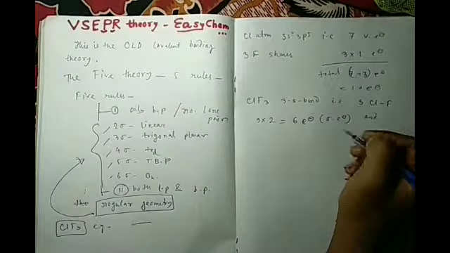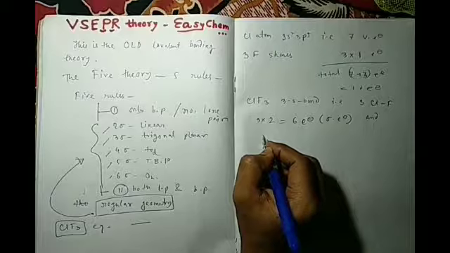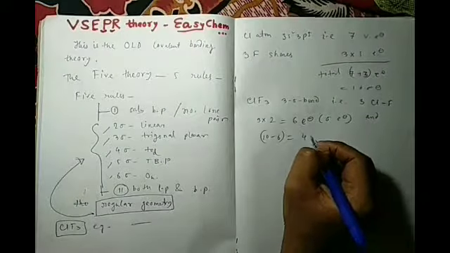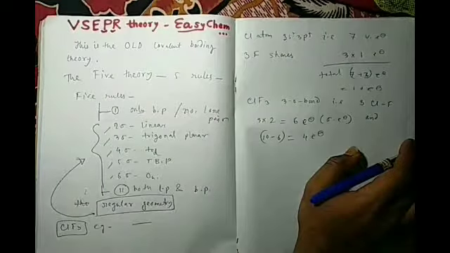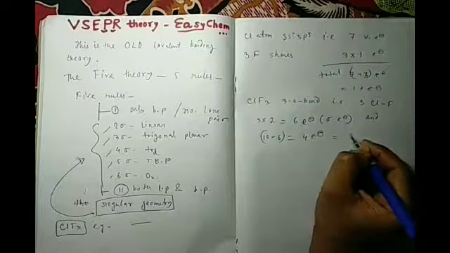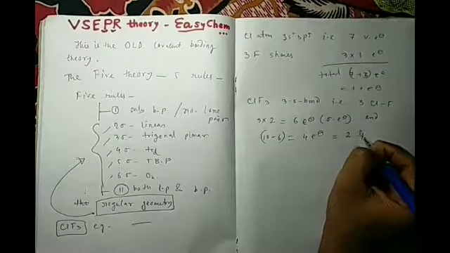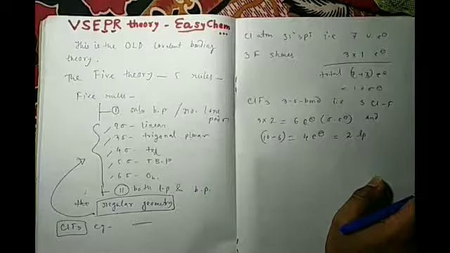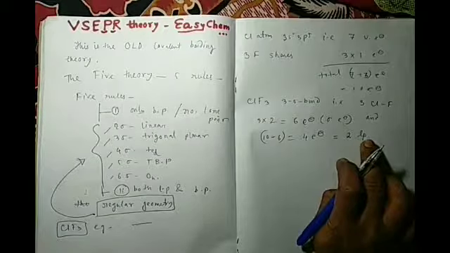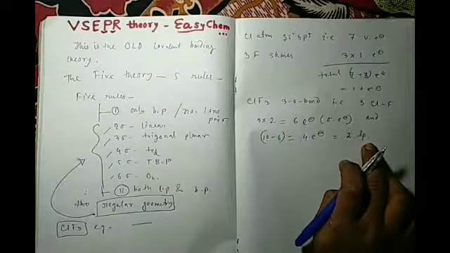And the left over 10 minus 6, that is 4 electrons, are left on the central atom, which is the 2 lone pairs on the central atom. These 2 lone pairs control the overall geometry of the molecule.